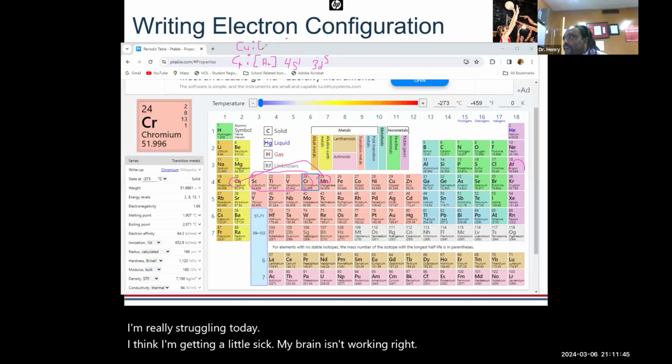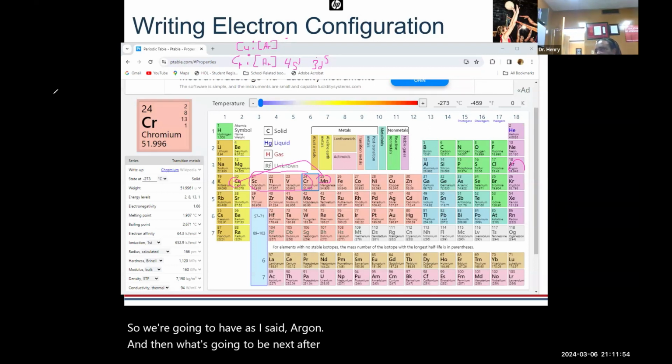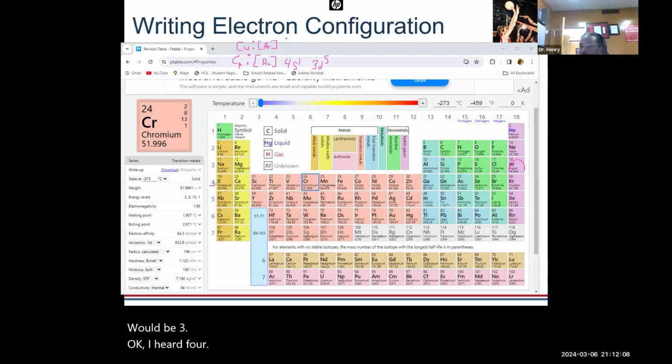So we're going to have, as I said, argon. And then what's going to be next after argon? I heard 4, what was that? Oh, I thought it would be 3d9.